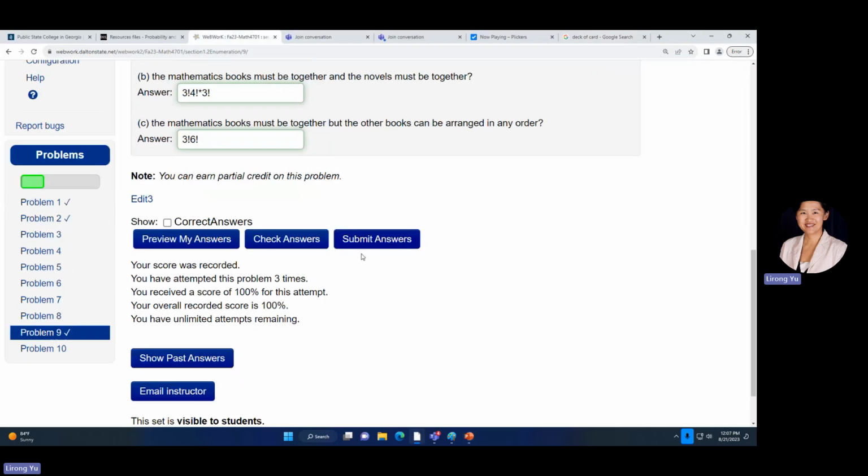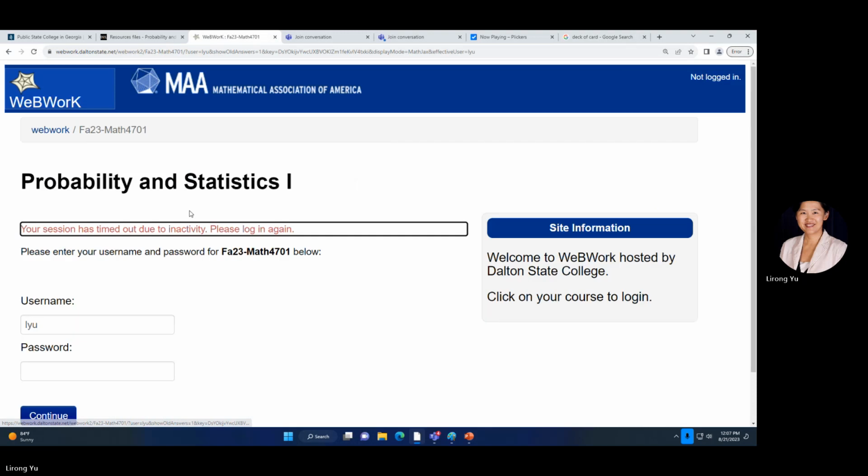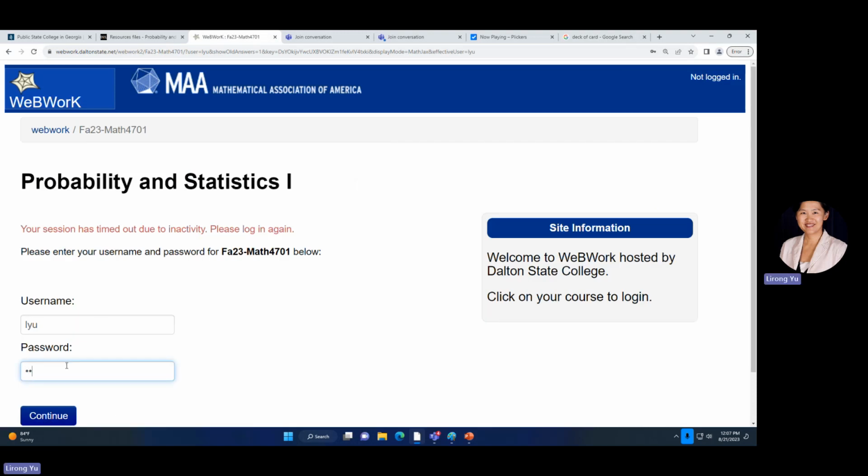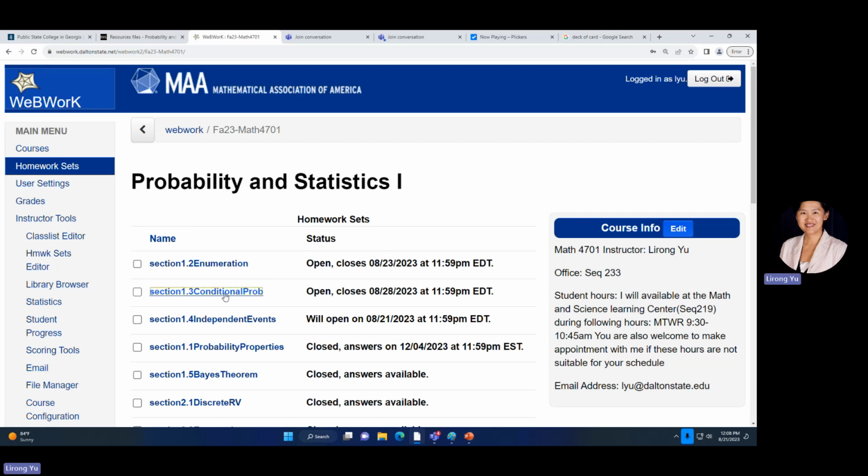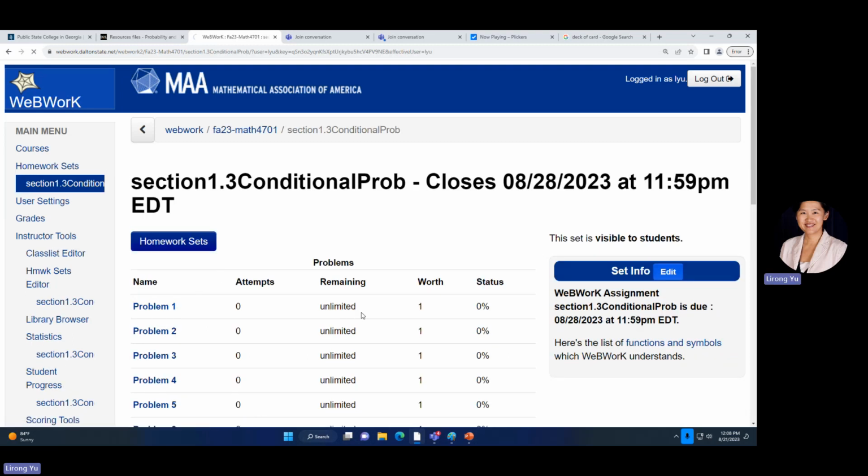In the homework, we also have a question that relates to this. Right, 1.3.